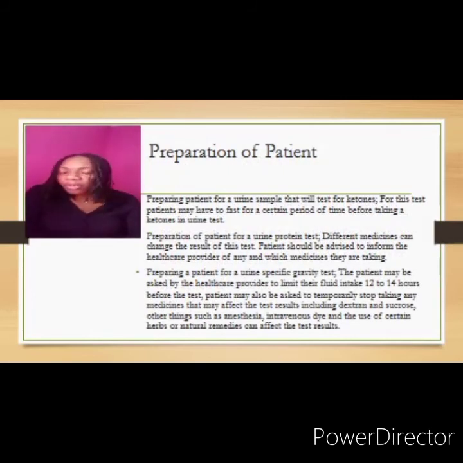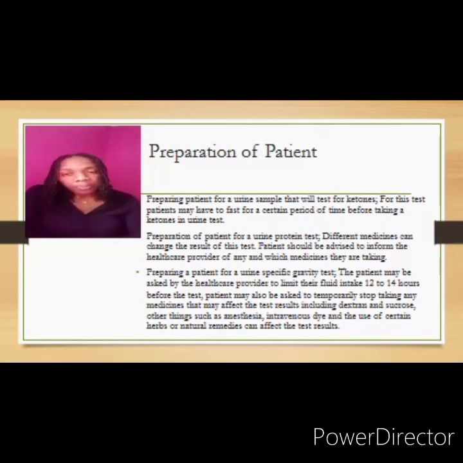When preparing for a urine test, patients don't normally have to fast or change their diet. However, the patient should be made aware that they may be asked to fast for a period of time depending on what is being tested for in the urine. For example, a patient may be asked to fast when testing for ketones in the urine.